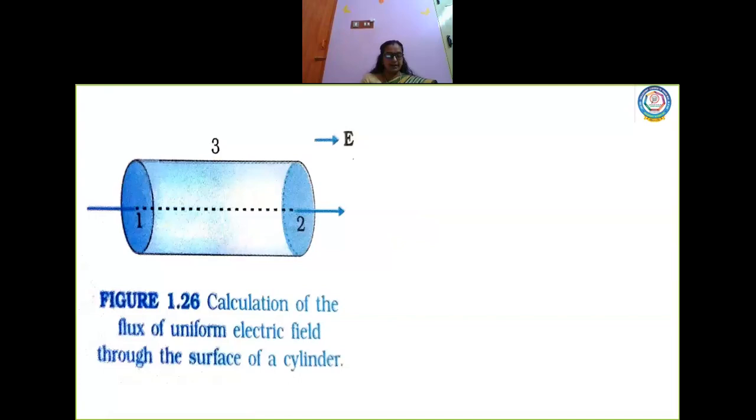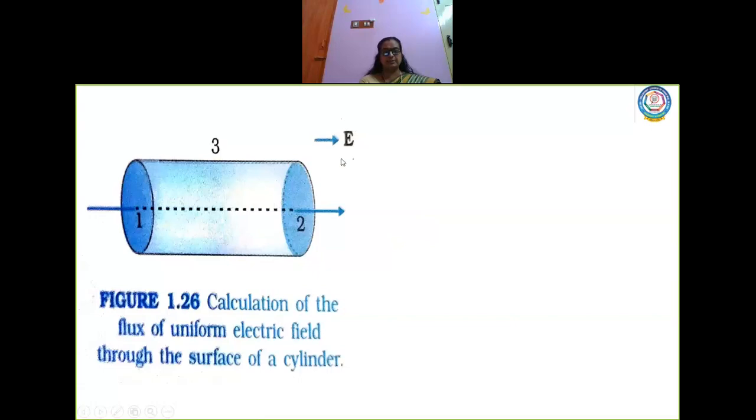Now here I have taken a cylindrical surface, children. Now the axis of the cylindrical surface, look at this. This is the axis of the cylindrical surface, and there is an electric field that is given. So how are the axis of the cylindrical surface and the electric field?